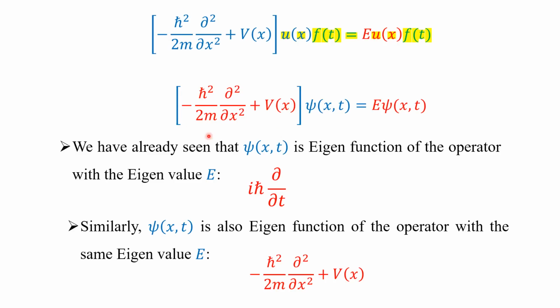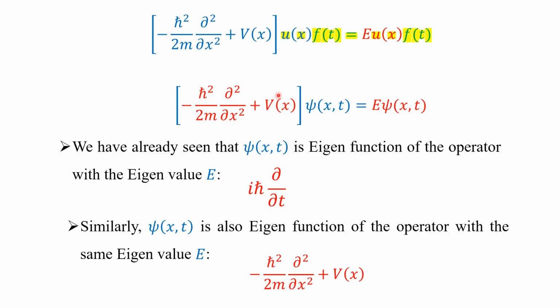The first term is the kinetic energy, and the second one is the potential energy. We have already seen that psi of x and t is the eigenfunction of the energy operator i h cross delta by delta t with an eigenvalue E. If you operate this operator on the wave function, you will get the energy eigenvalue E.